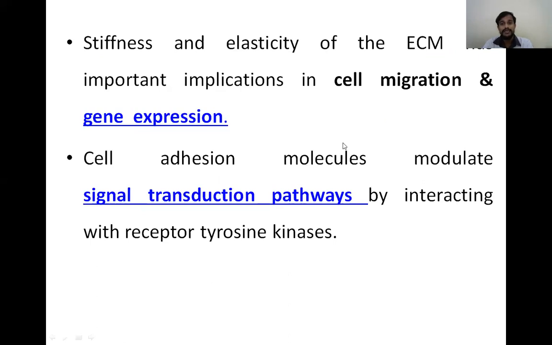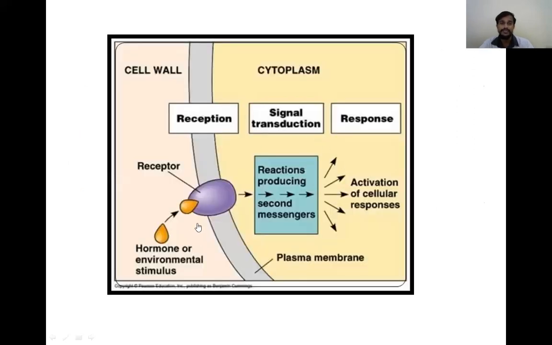And apart from that, the cell adhesion molecules modulate signal transduction pathways by interacting with receptor tyrosine kinases. So what are signal transduction pathways? We know certain signals come from outside the cell for certain processes to occur inside the cell. This is known as signal transduction pathways. Certain signals will come from outside the cell in the form of hormones or other stimuli.